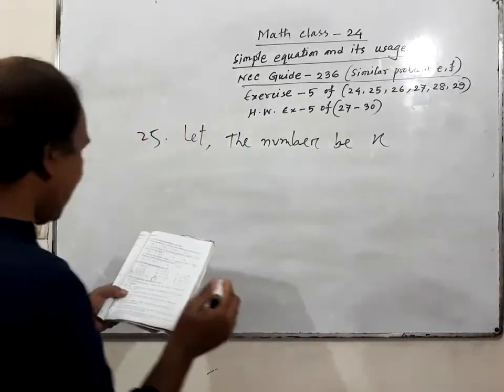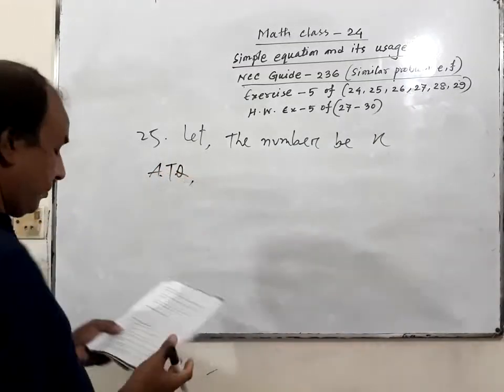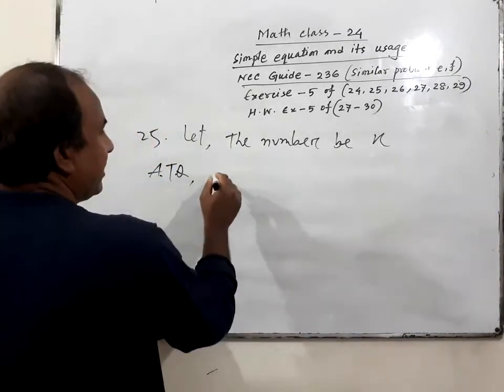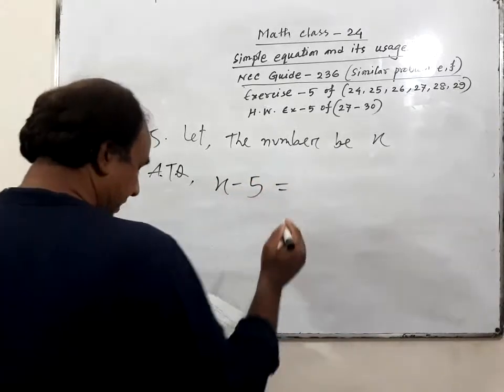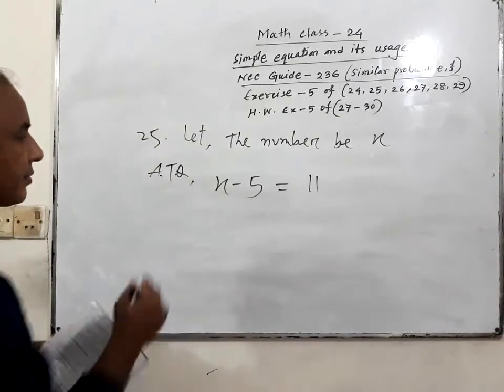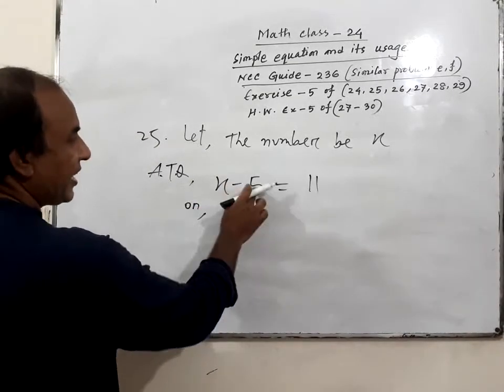Now according to the question, 5 is subtracted from a number. The number is x, 5 is subtracted from the number, the difference will be 11. This is the equation. The same way, minus 5 is here.